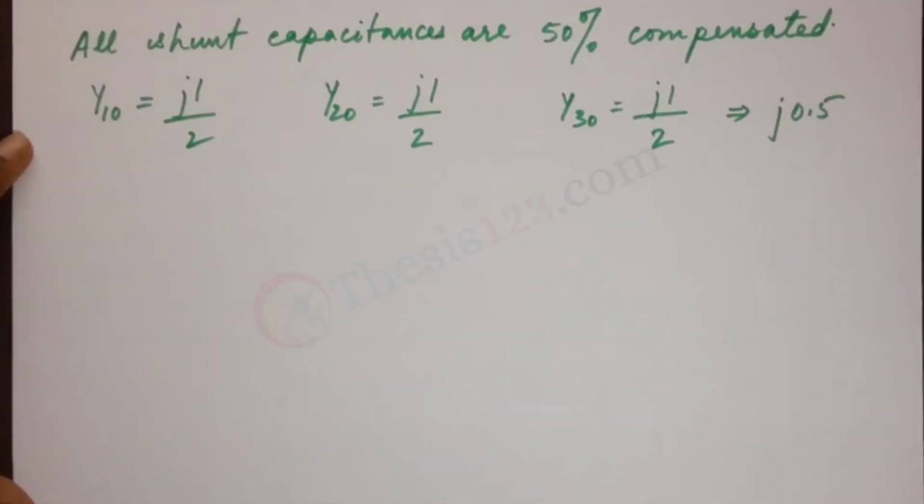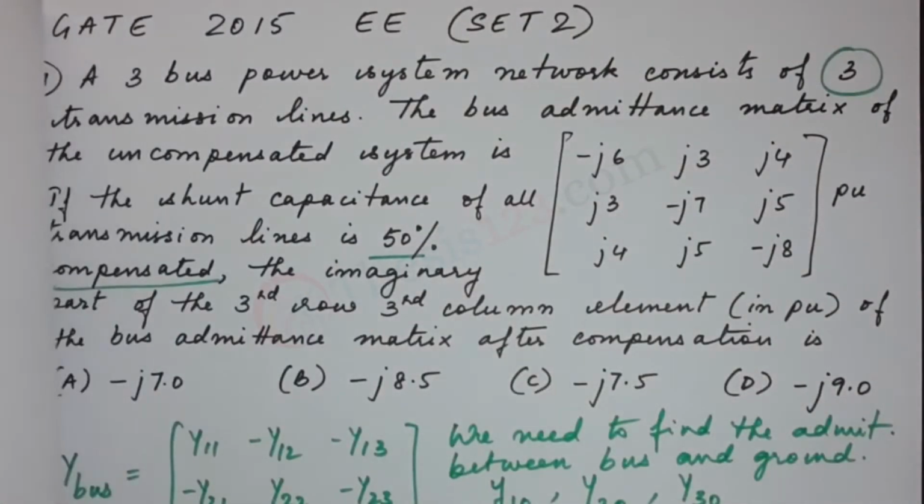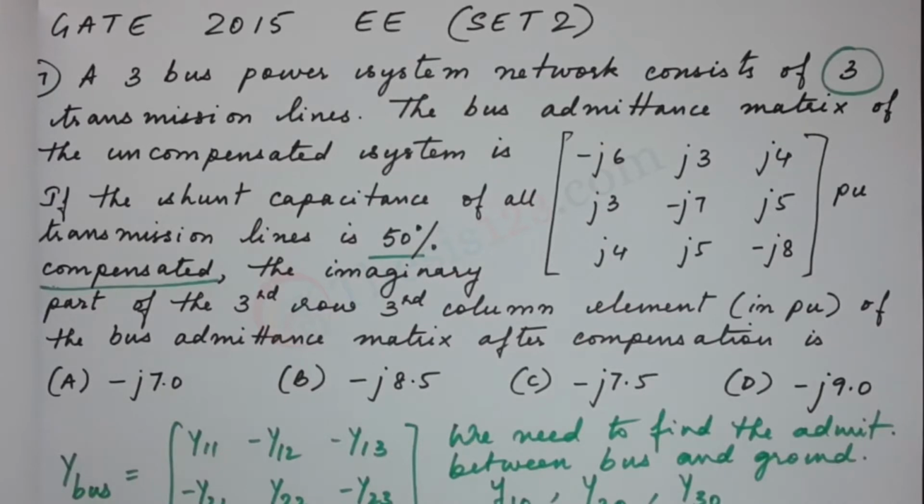Now for the final step. The question says that we need to find out the imaginary part of the third row, third column. Third row, third column is Y33.